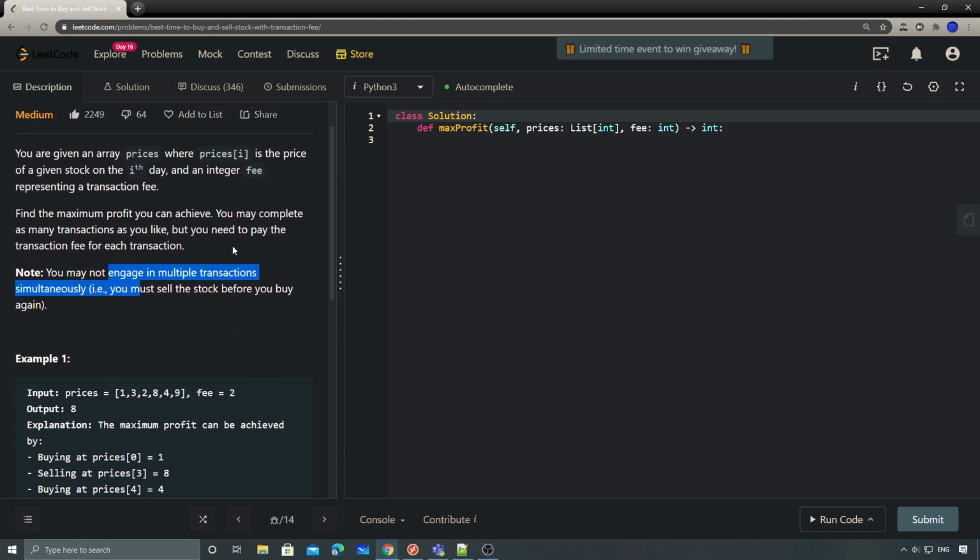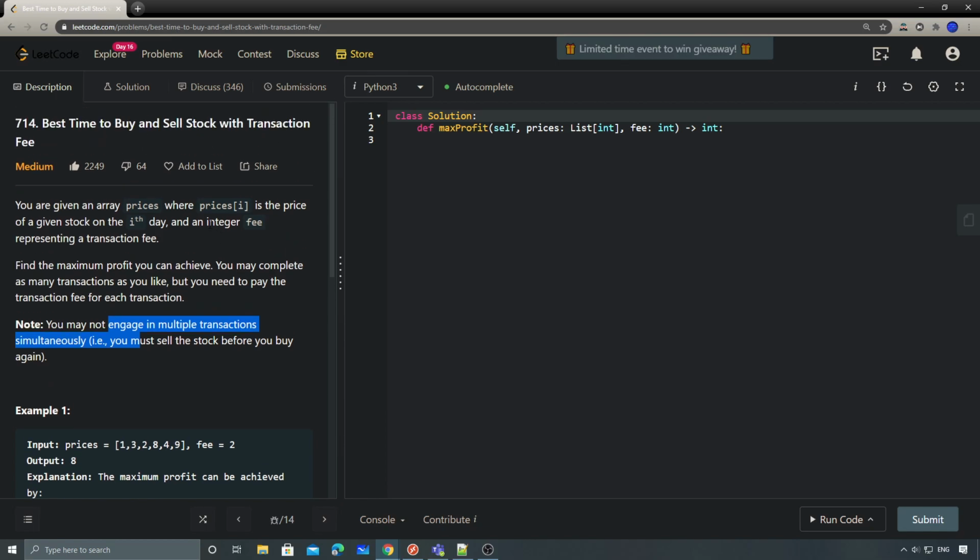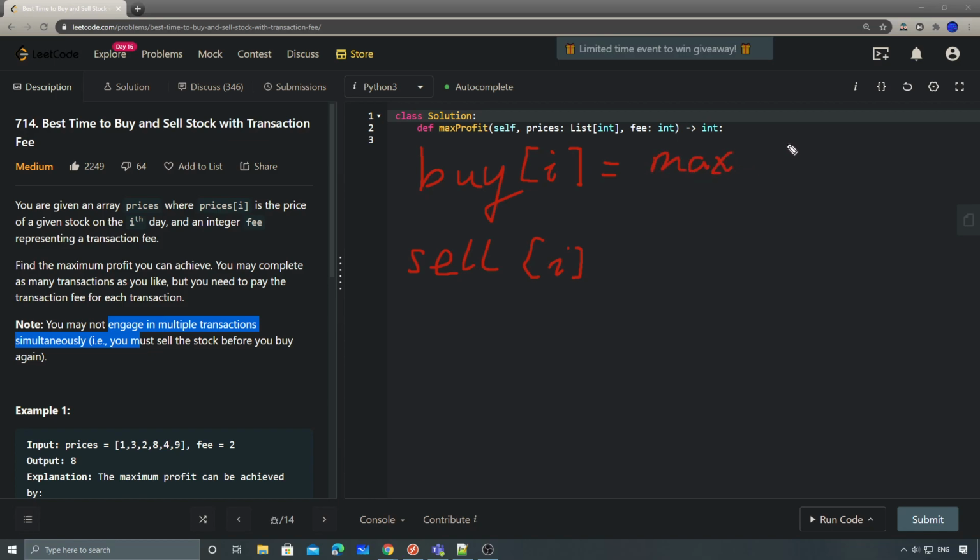So basically, I think I already uploaded two buy and sell stock problems. The way I solve this problem is that I always define two DP arrays here. The first one is buy, and the second one is sell. So buy[i] means that the last transaction we have ever done was buy, and what's going to be the max profit.